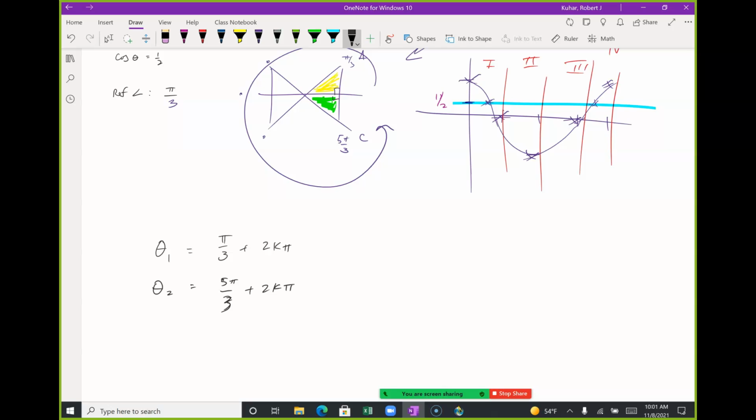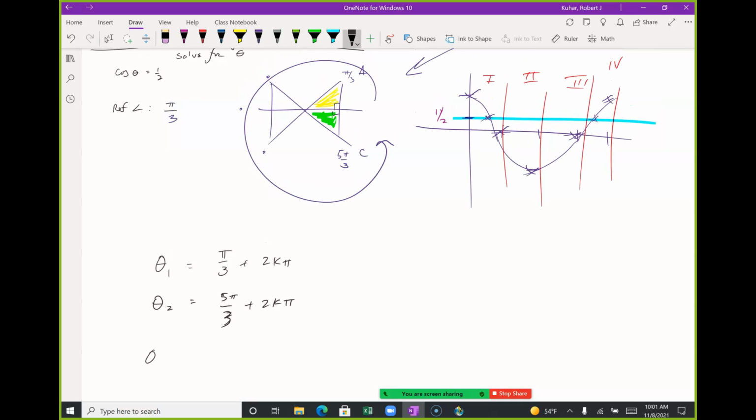Now, I wonder if I can get a nicer answer out of this, right? And so this is where my sequences and series come in. I wonder if I can have my answer come from just one formula. So what I do is I write out a sequence of solutions from each result, right? So from theta 1, I get my first answer is pi over 3.